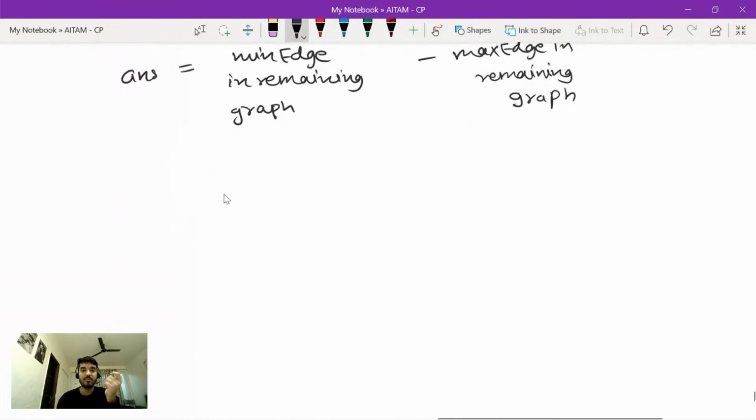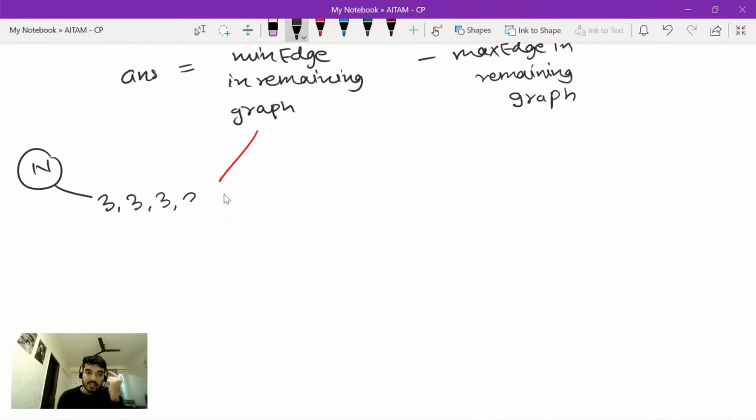Now let's find the minimum edge and maximum edge in a remaining graph. So how to find the minimum edge? We all know I have divided this n into chunks of 3. So that is some chunks of 3, and if I was left with some remainder, let's say the remainder that I was left with is 1.